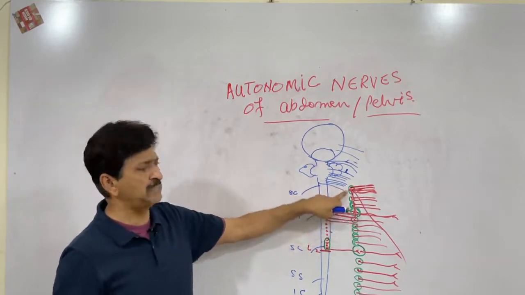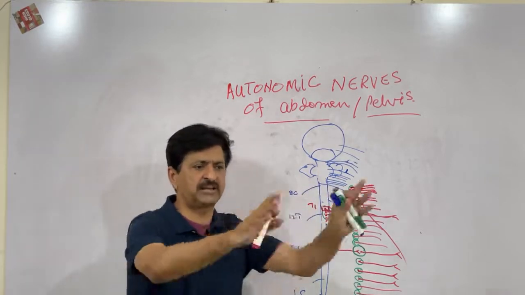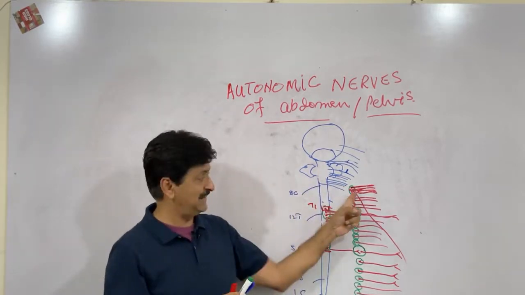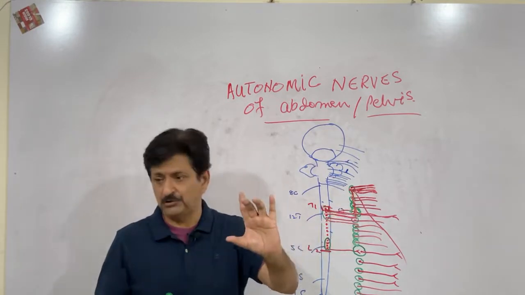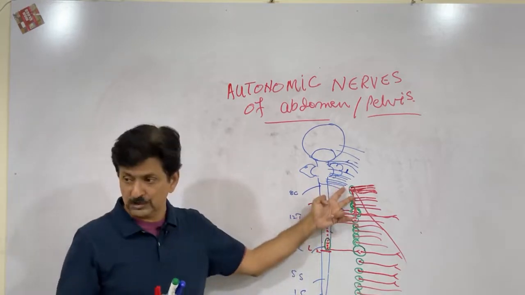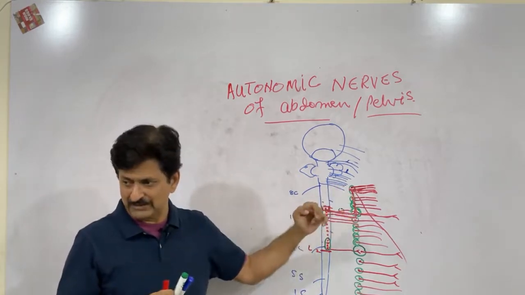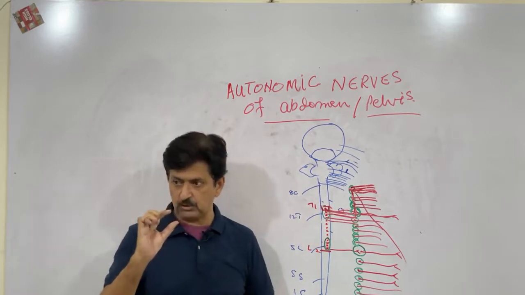Okay, 90% fibers leave now. Say 90% fibers they have given their current to what? To postganglionic fibers of superior cervical ganglion. Focus, it is very important. This will be here to your superior cervical ganglia. 90% finished. Now target, you see the focus now.